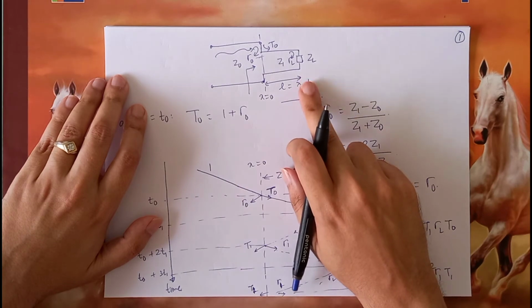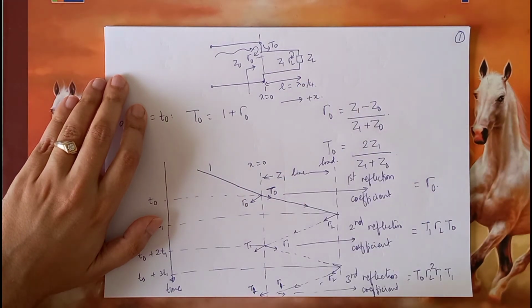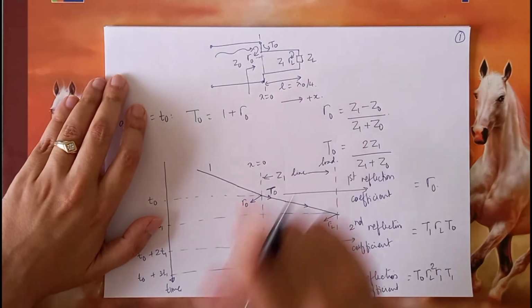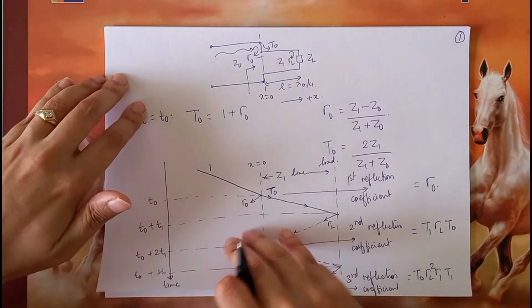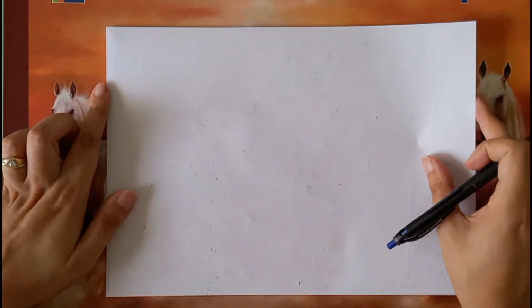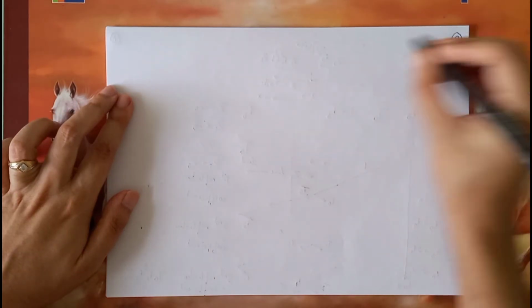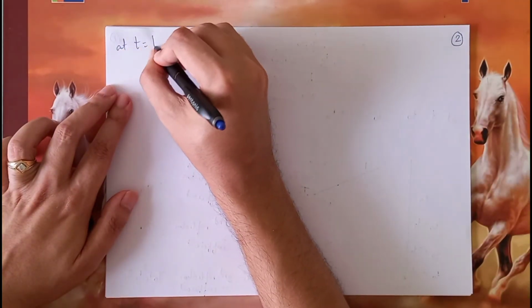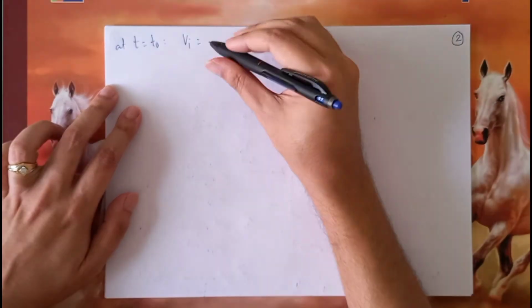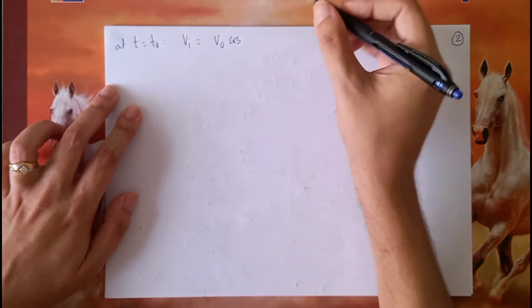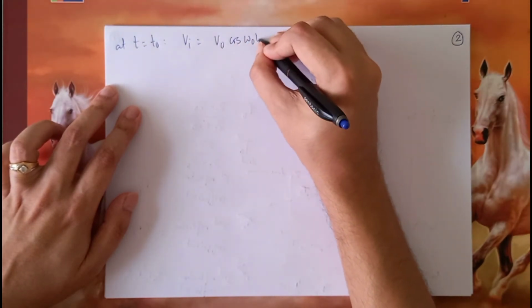If I say that the length of this matching transformer is some lambda 0 by 4, and say that at t equal to t0 there is a voltage wave, let's call it V1, that is some V0 cos omega 0 t.